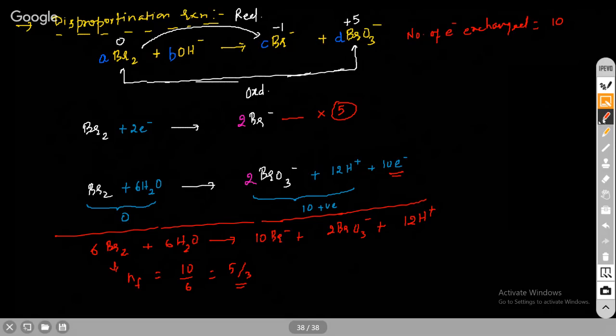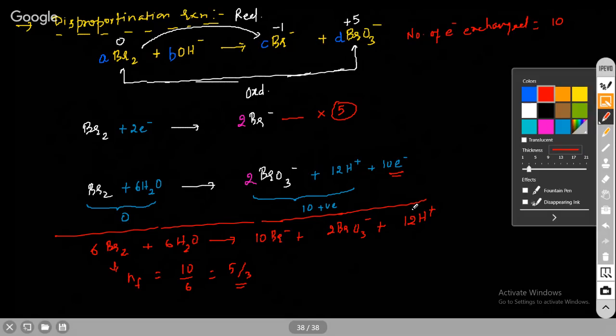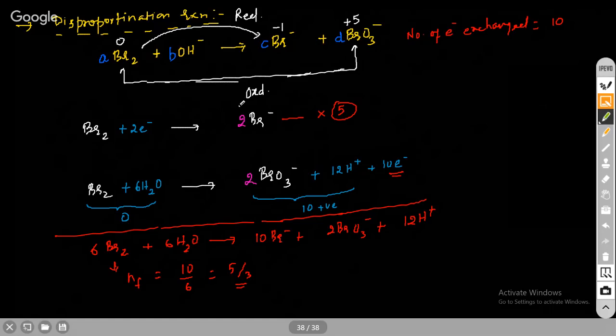Now there is another way also, like this you can balance the reaction and find out. One more possibility is what? Whatever electrons have been exchanged in the first reaction, this is the first reaction and this is the second reaction, suppose it is N1 and here the electrons exchanged is N2.